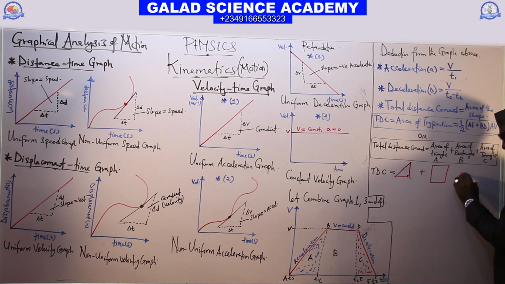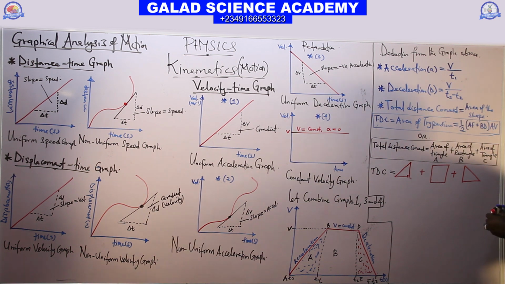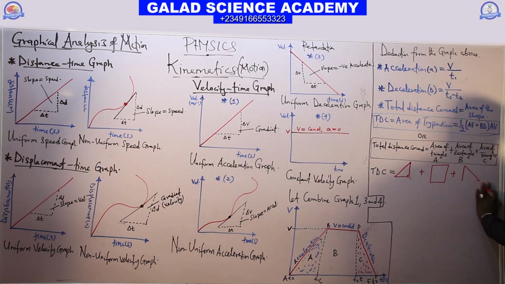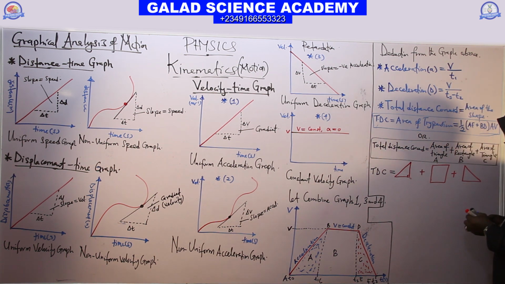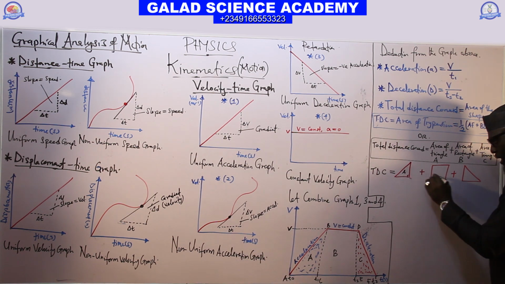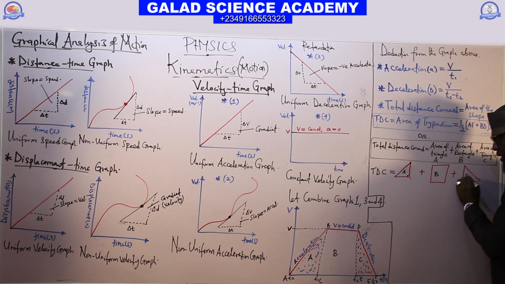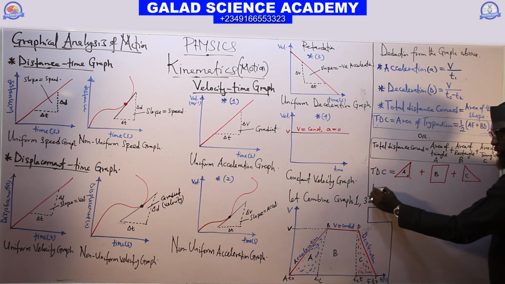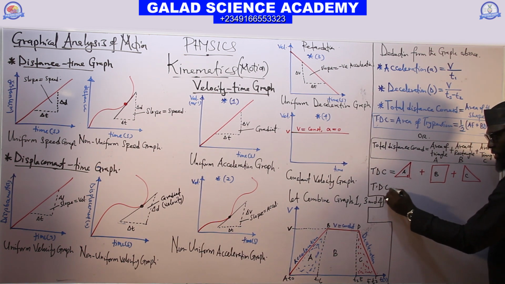It looks like this. Plus triangle. It looks like this. So this one, we call it A, B, C. So what is the total distance covered?